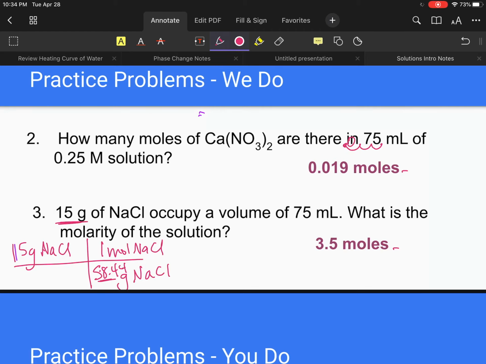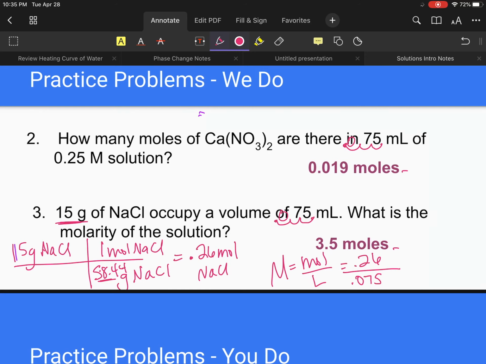Okay, so once I do that, I can divide, right? Because we multiply the top, divide by the bottom, and I end up with 0.26 moles of NaCl. Okay, so now I can plug it into my equation. Moles over liters. So 0.26 moles over, remember, I have to turn milliliters into liters.